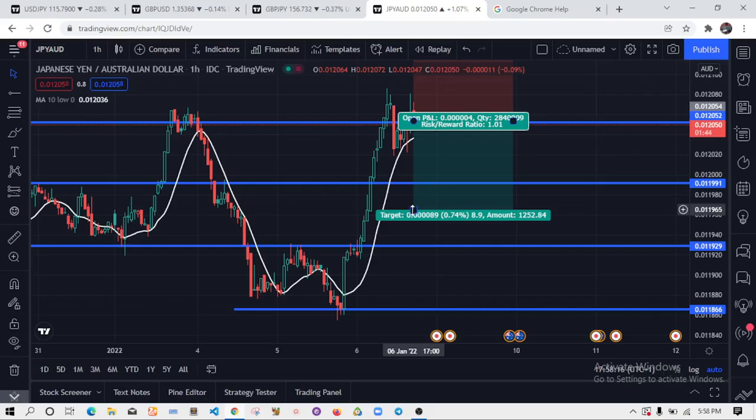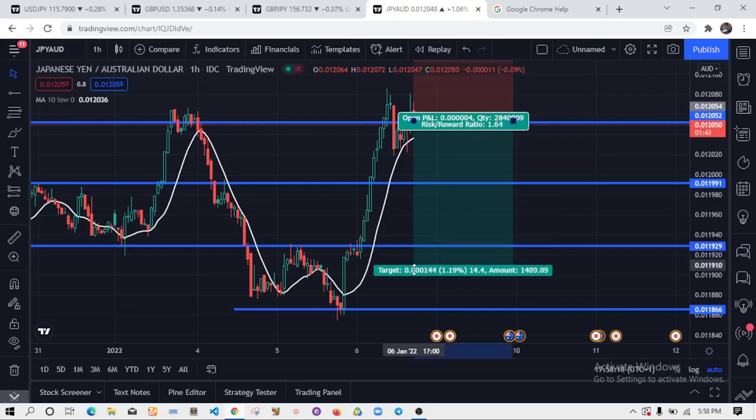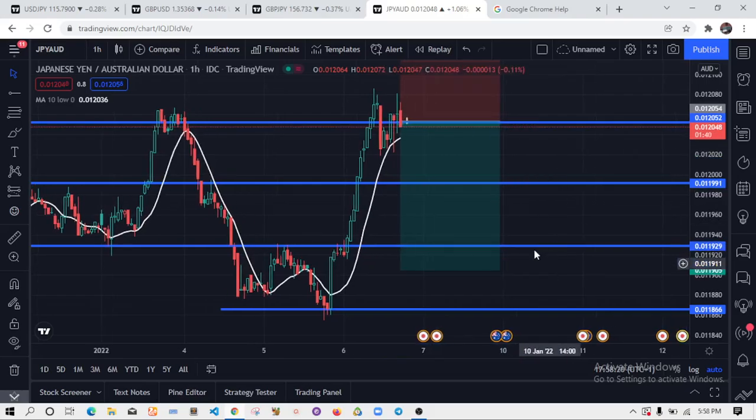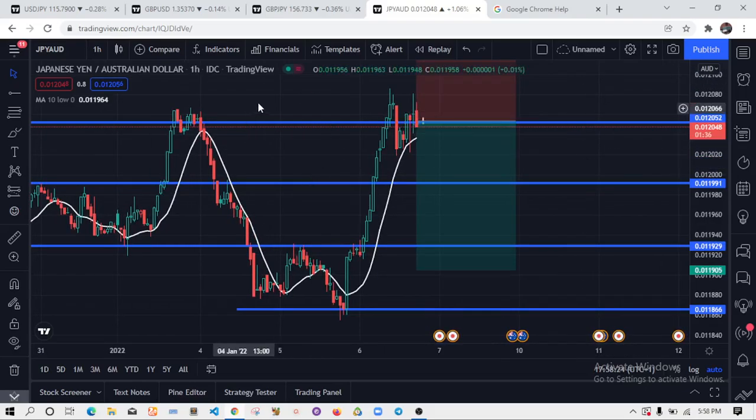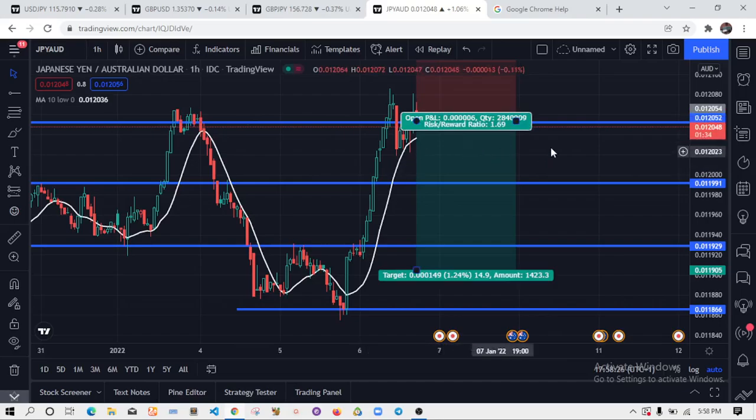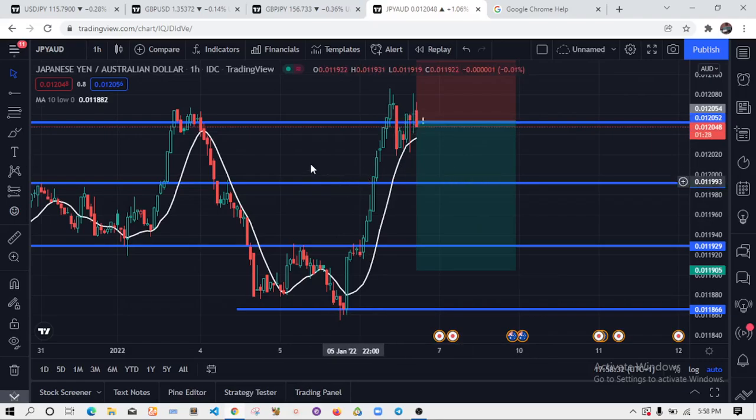Remember, your take profit should be at least twice your stop loss, guys. At least twice your stop. Sometimes you need to give your trade room to breathe. The price needs to breathe in the process, so you must not set your stop loss so close or so tight that it can be easily triggered.